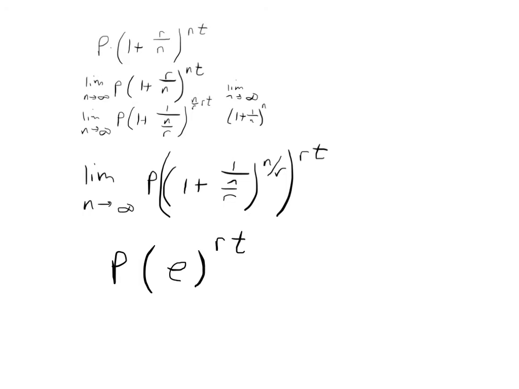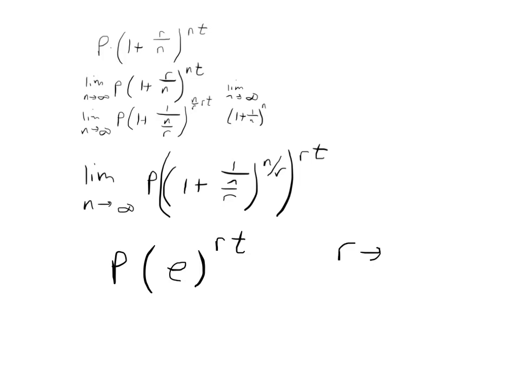This formula is known as the PERT formula. The amount of money you have after a number of years compounding continuously is principal times e to the rate written as a decimal. So if it's 12%, it would be 0.12. Time is always in years.